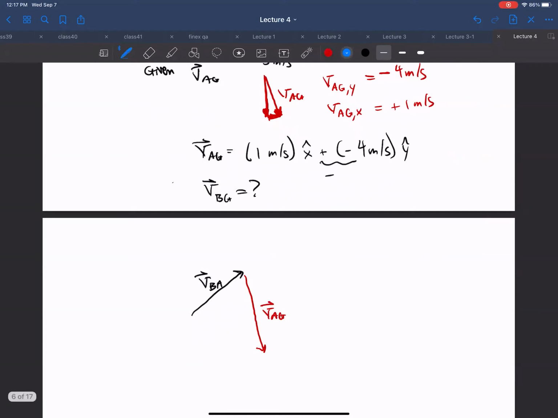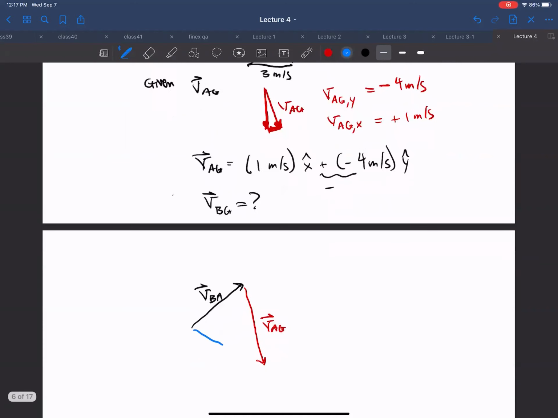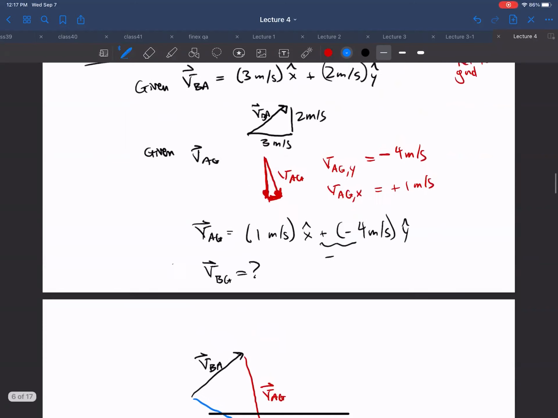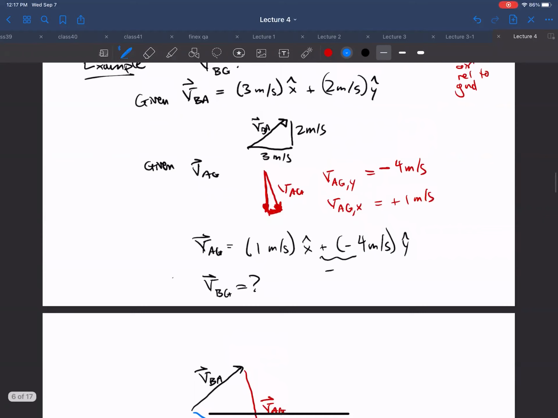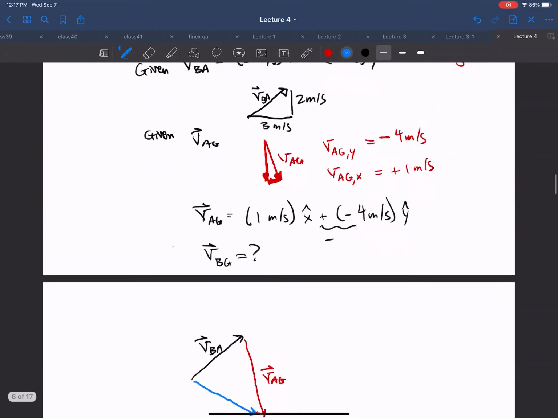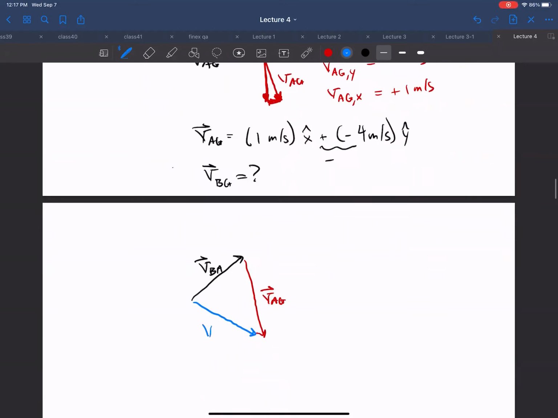And so this is the resultant, that if I've gotten this right, 3 meters, pretty close anyway. So this is the resultant VBG, doing the tip to tail addition. So VBG is equal to VBA plus VAG. Let's check by canceling the inner subscripts. Yeah, we got it right.